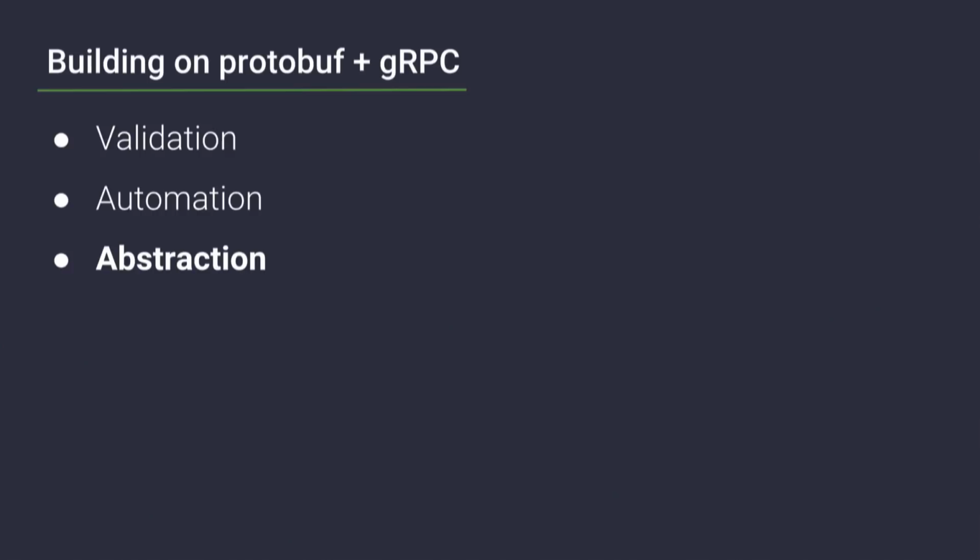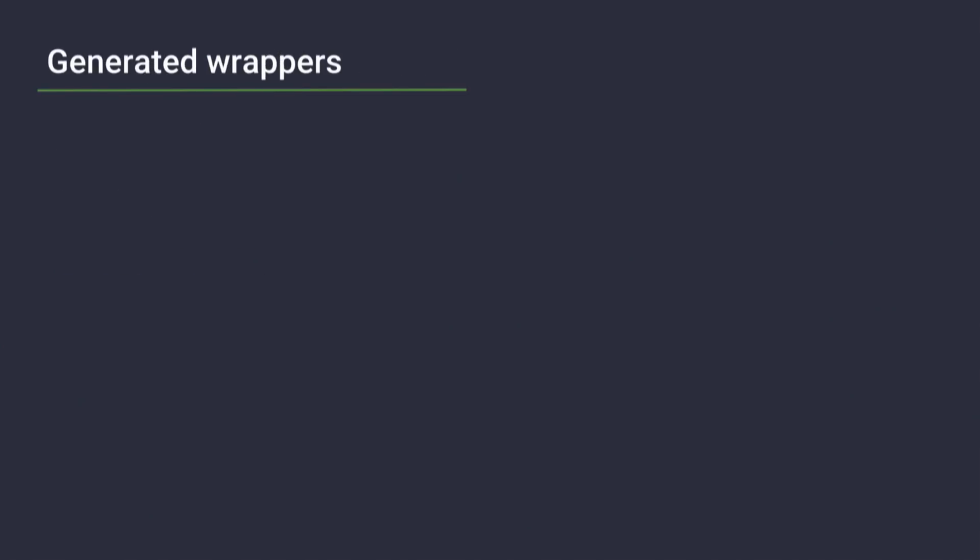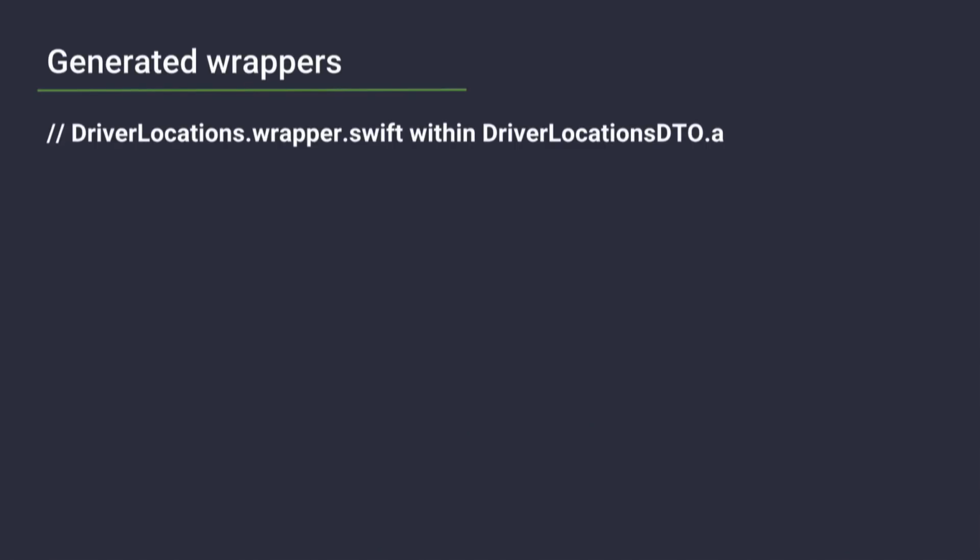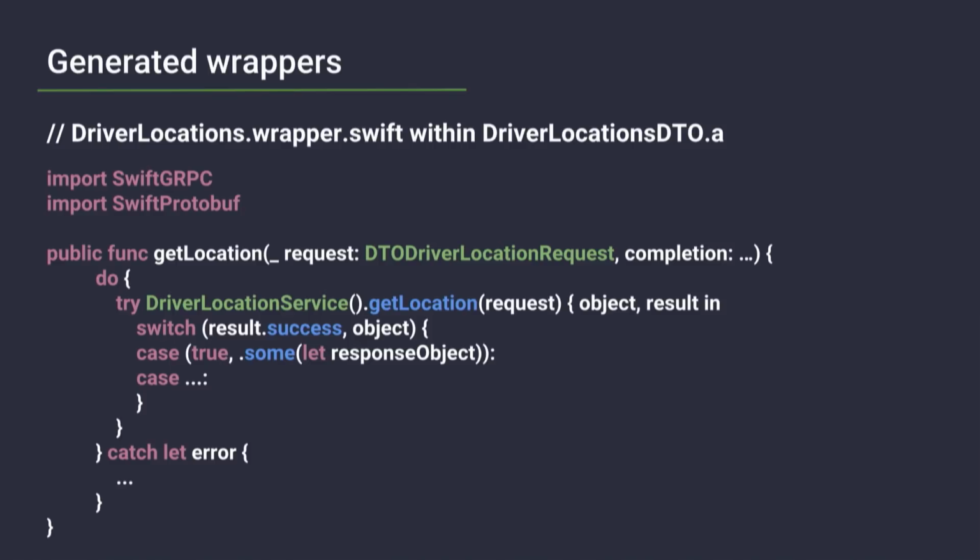That leads us to the last change that we built on top of protobuf and gRPC, which is abstraction. As I've shown before, you could use the generated code that comes right from gRPC and protobuf. But we decided to add some wrappers on top of that to make our lives a little bit easier. In addition to the .grpc.swift or .pb.swift files, we're also generating these wrapper files.